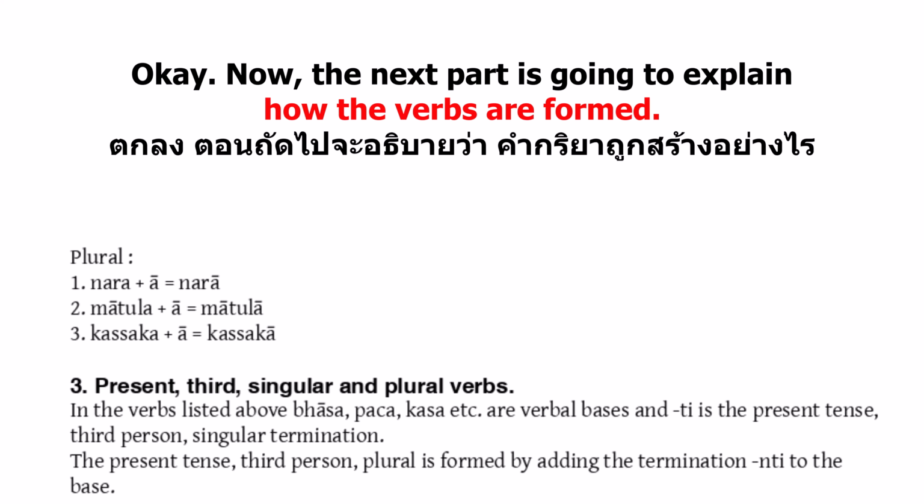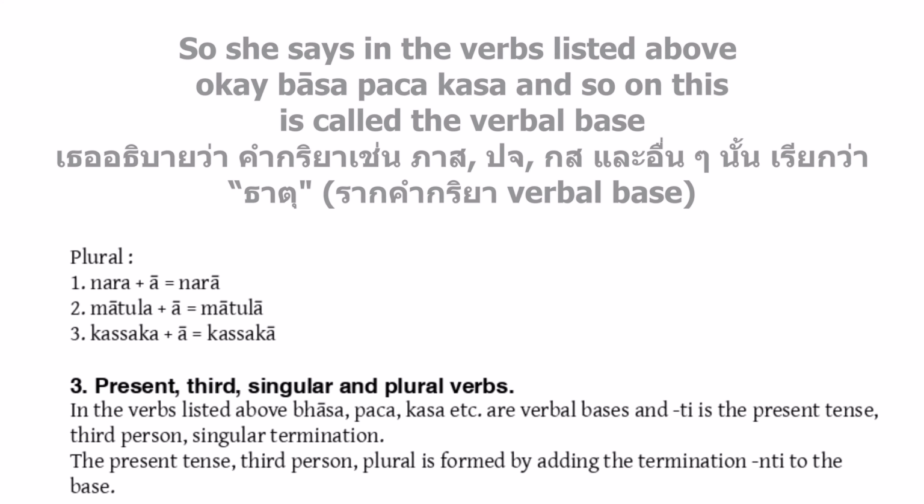Okay, now the next part is going to explain how the verbs are formed. So she says in the verbs listed above, basa, pacha, kasa, and so on, this is called the verbal base, though I've heard the expression verbal stem. And then to make the present tense singular, third person, one adds the ti.